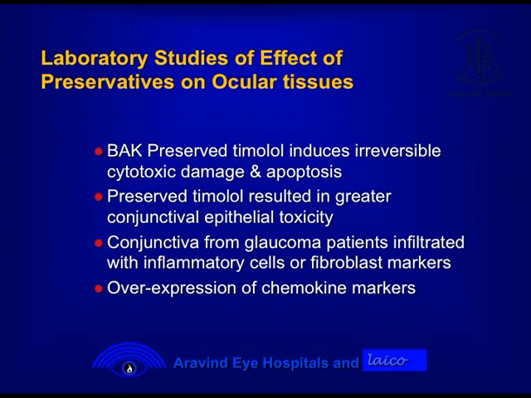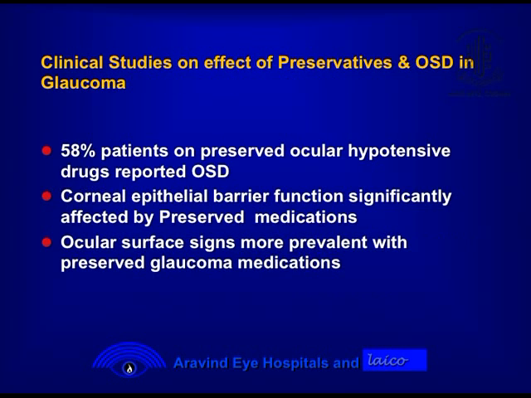And there have been quite a few laboratory studies which prove the deleterious effect of preservatives like BAC on ocular tissues in cell lines as well as in cellular cultures. And there have been several clinical studies to show the effect of preservatives like BAC and the relationship of BAC to ocular surface disease in glaucoma.